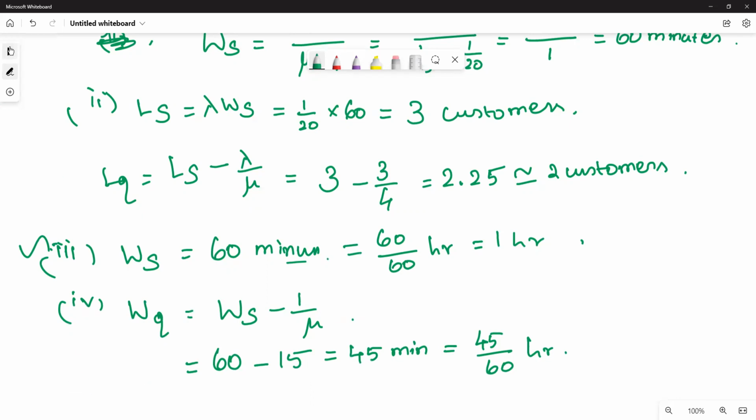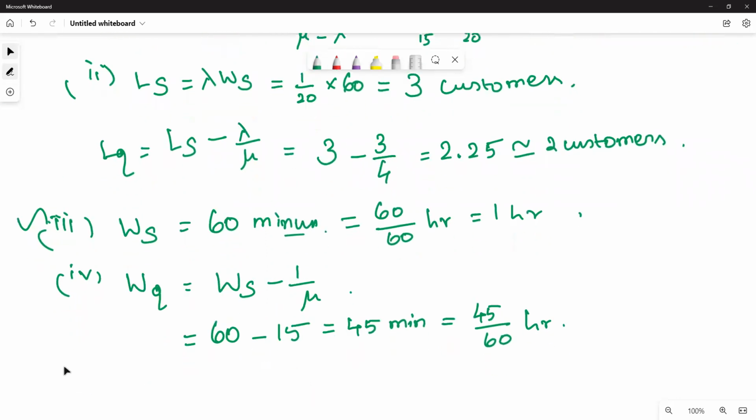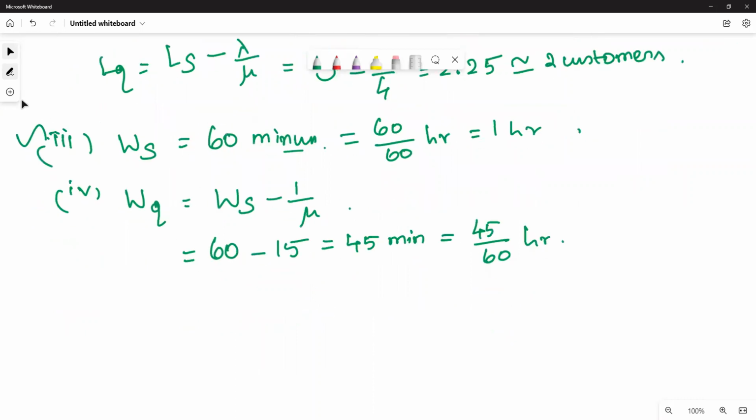And the last subdivision is, what is the probability that the number of customers in the system is more than 3? What is the formula for this model?